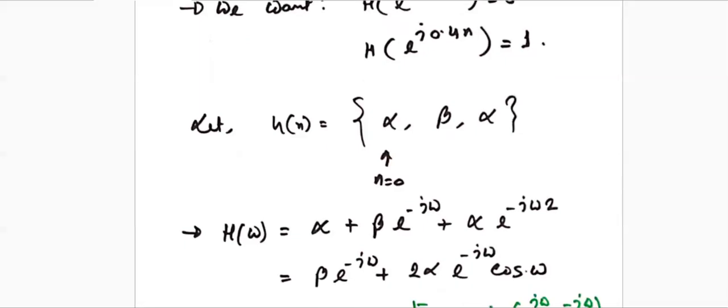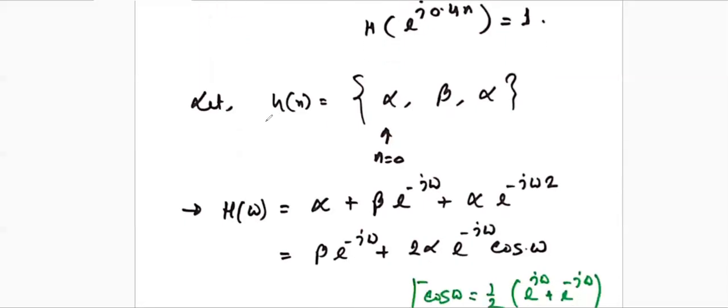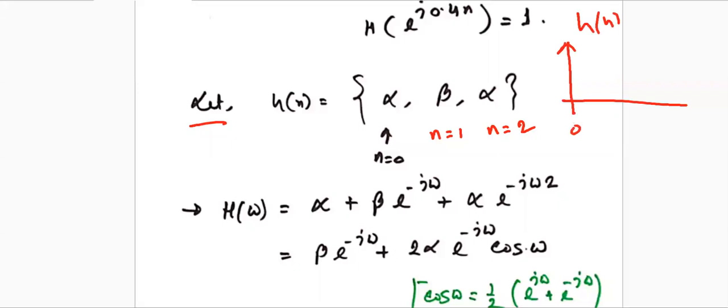Okay, so just follow me here. Let h[n] be equal to alpha at n equals 0, beta at n equals 1, and alpha at n equals 2. If we make the sequence here, this is our h[n]. At the 0 location, let's say this is alpha, this is beta; we do not know the values. What is alpha and what is beta? It can be positive or negative.